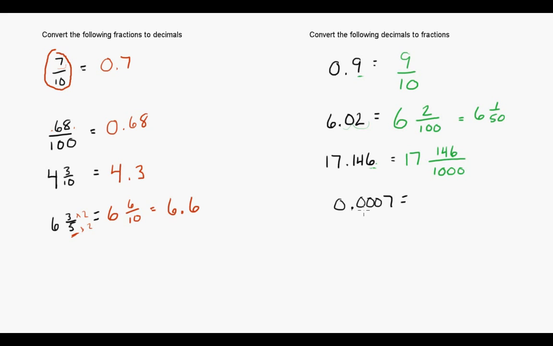Okay, and you can see that in this example we're moving 1, 2, 3, 4 places, so we write 7, and then we're going to have 1, 2, 3, 4 zeros, so that's the 10,000ths column right there. Okay, so that's just a little converting fractions to decimals and then decimals back to fractions.